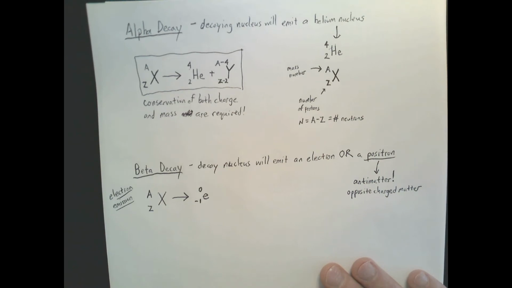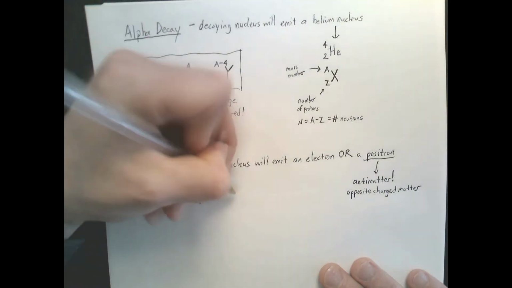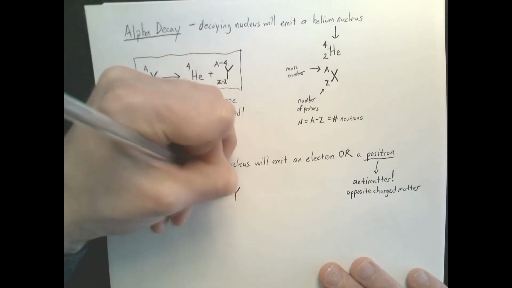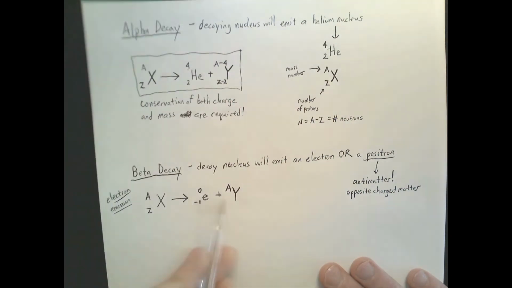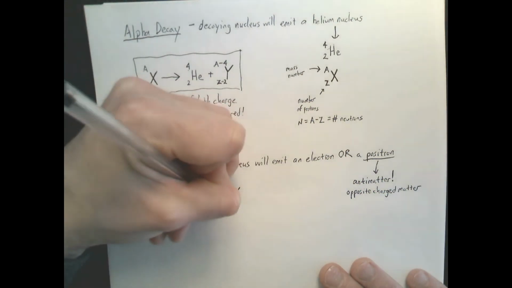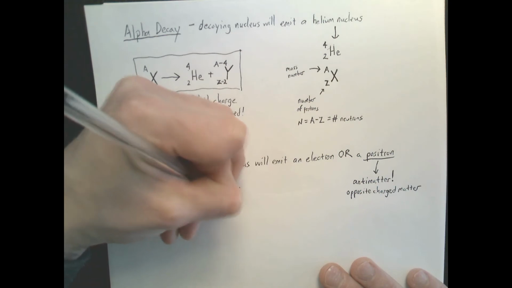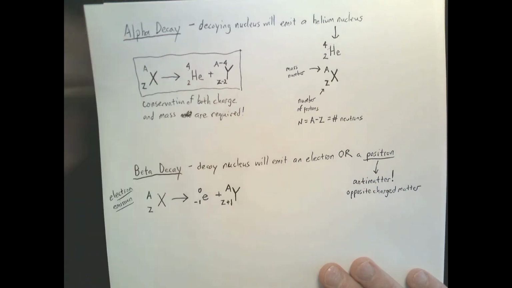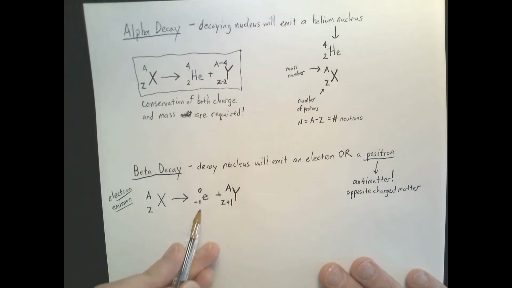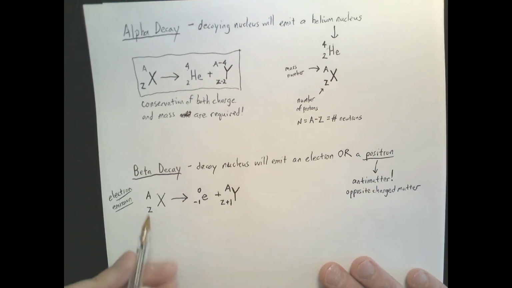So in order to balance this equation, our daughter nucleus here, the one that forms in this decay, has the same mass number as it did before. 0 plus A gives us A again, but it has to have an additional charge. So this one actually leaps us up the periodic table, because it emits an electron, in order to conserve charge, we have to go up one so that this one here cancels out with this -1 here, and we get the charge we started with.